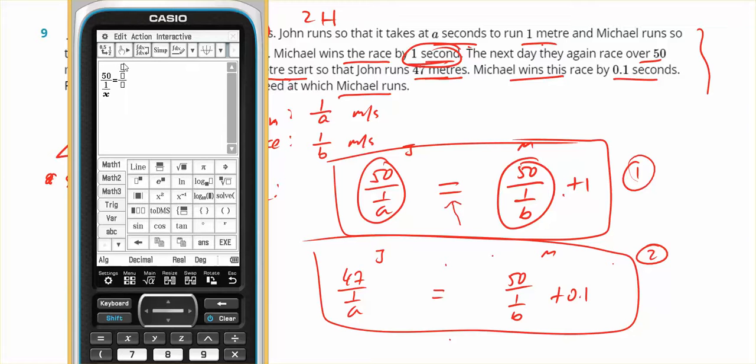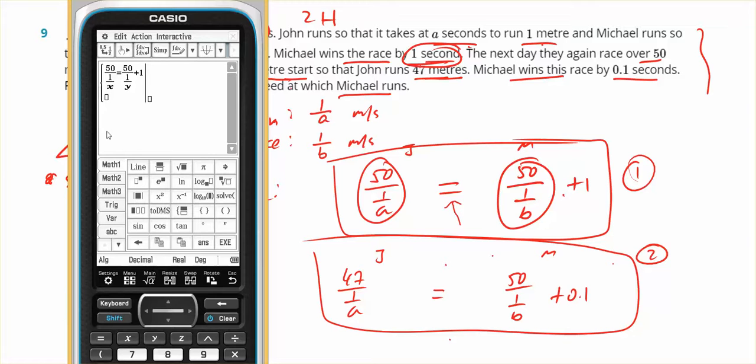So this will be 50 divided by 1 over, call that Y, plus 1. And I forgot to put this in a simultaneous equation. So I'm going to cut this and paste it on. The good thing about this is you can cut and paste. So I'm going to delete that.